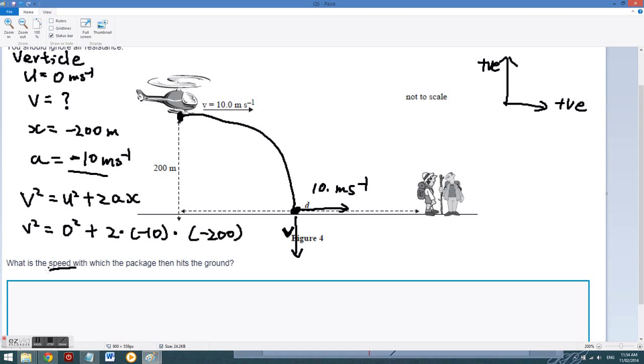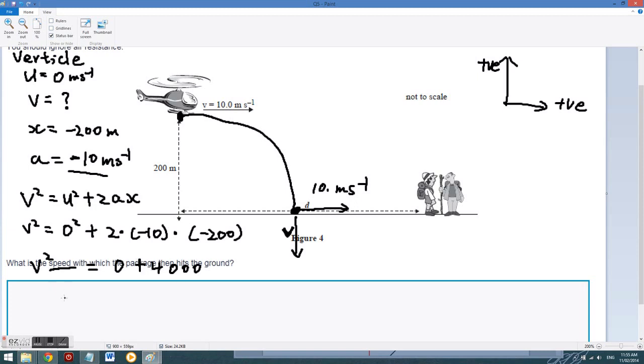Your answer will be 0 plus minus 20 times minus 200, which is positive 4,000.